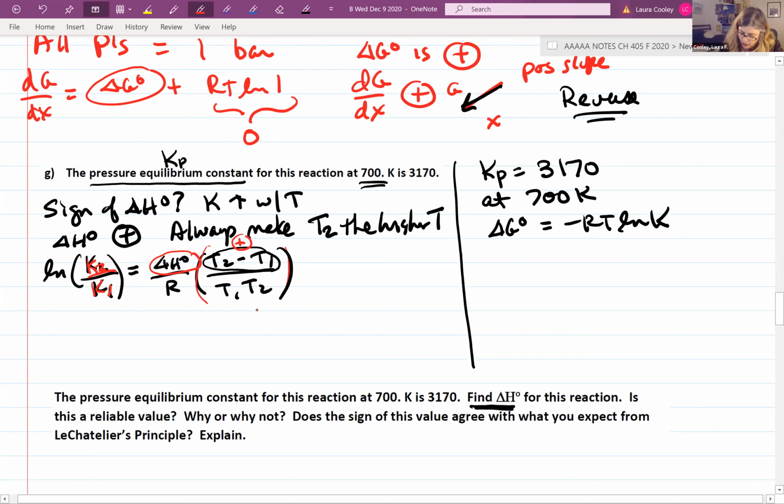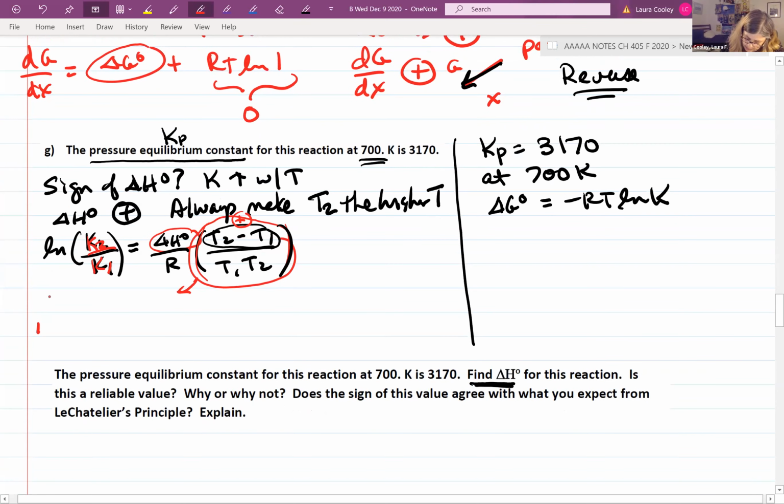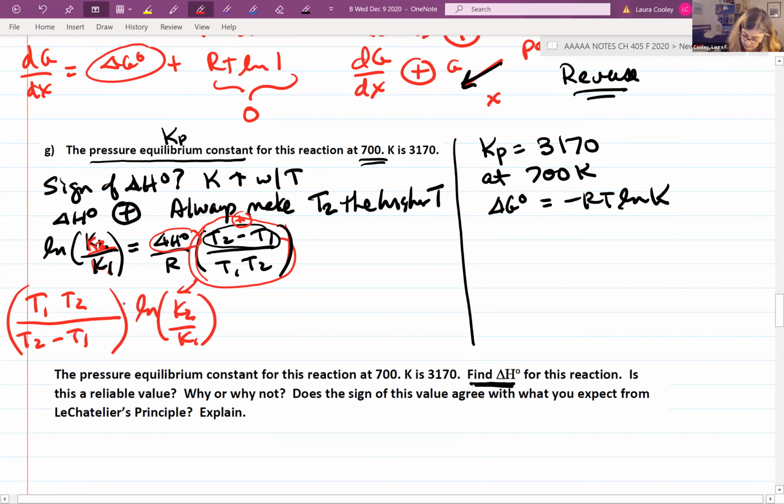But so how would you solve for the delta H? Well, you just have to move this and the R over to the other side. So I'll just make it T1 T2 over T2 minus T1, log of K2 over K1, with an R somewhere, equals the delta H0.